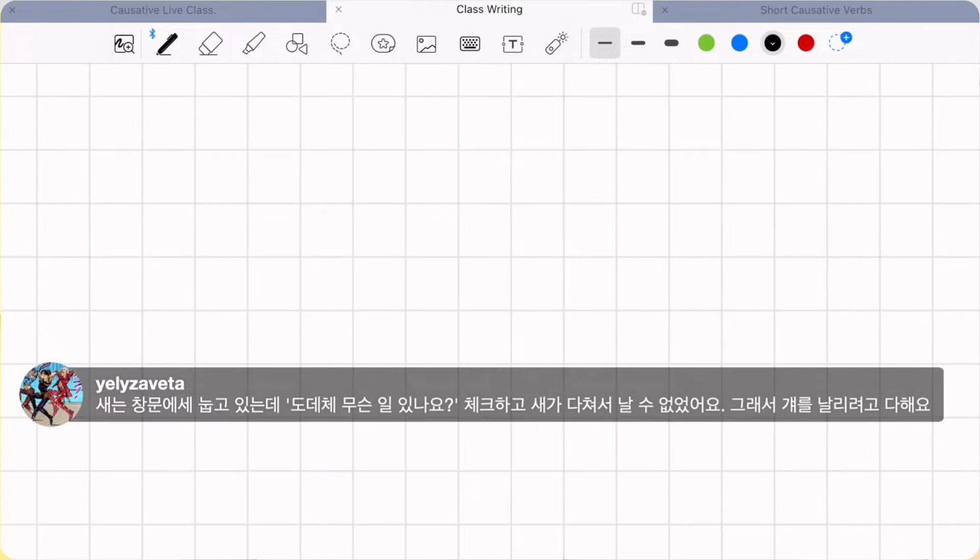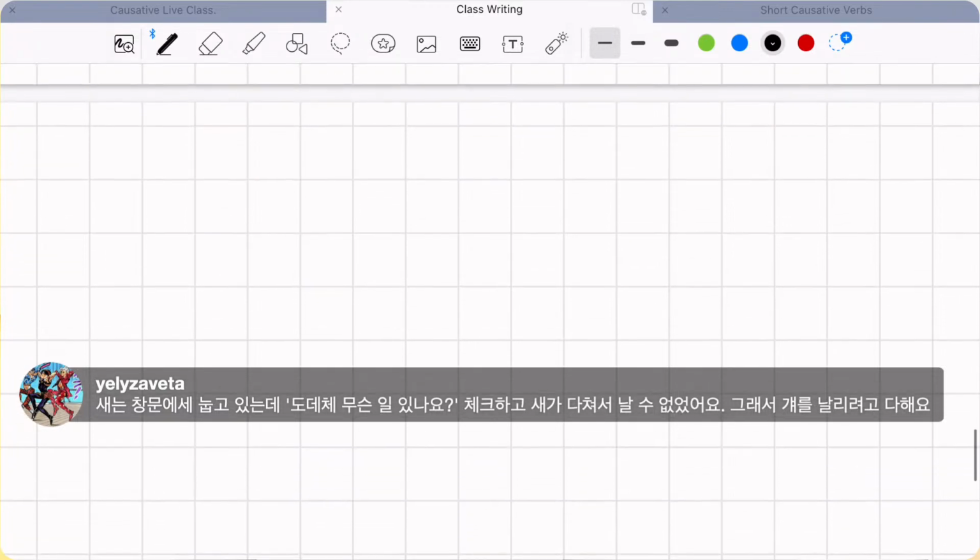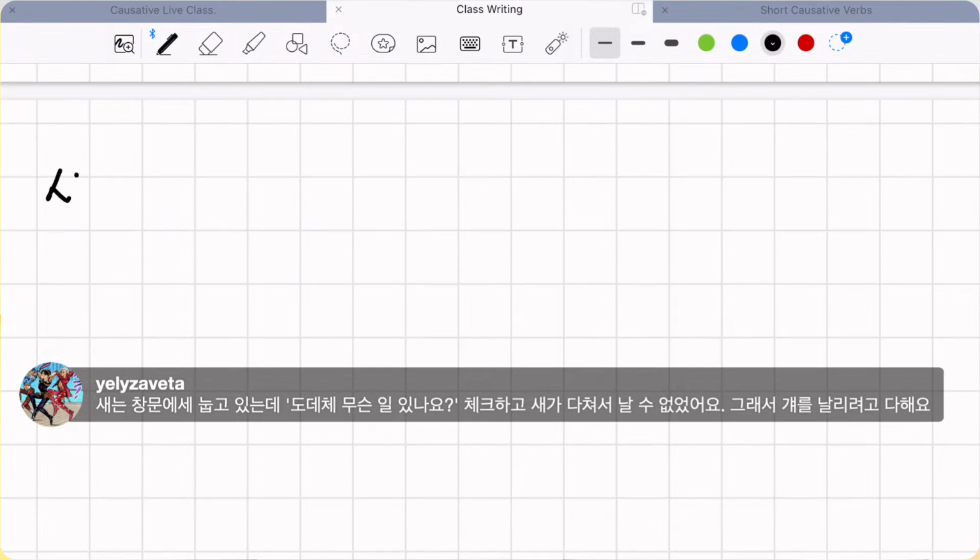So I want to fly her again, right? So you're trying your best to fly her. 일단은 여기서 고쳐드릴게요. 새가. So it's a specific bird that is lying on the window, right?